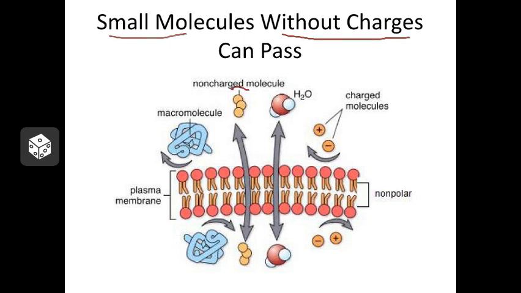Here, for instance, we have a little nonpolar molecule. Because the center of this membrane with all those tails is nonpolar, and nonpolars like to mix, this little molecule should be able to cross that membrane by itself. It's also pretty small, so that helps it squeeze between the phospholipids and get across that membrane.